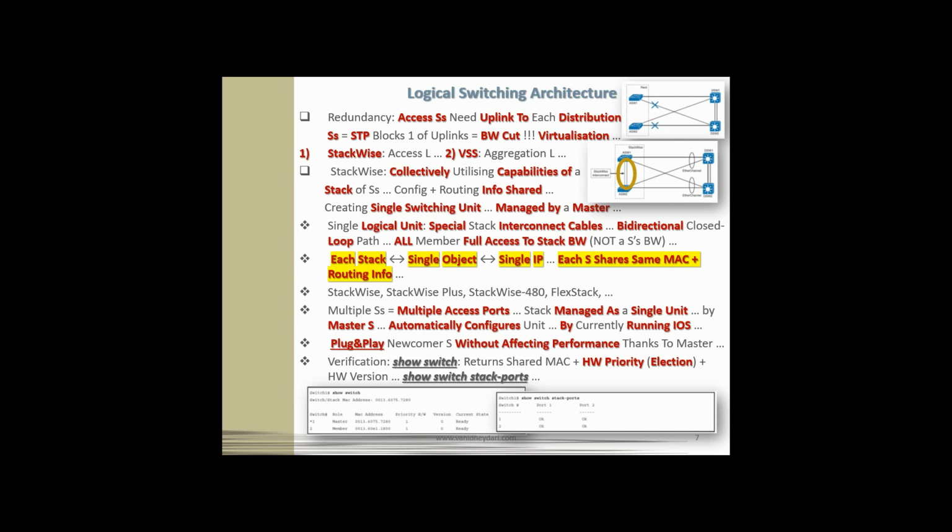Switches that support StackWise use a special stacking cable to connect the switches to each other, and each switch has two stacking connectors that are used to daisy chain or to loop the switches in the stack together. Each switch is connected to the one below it, and also the bottom switch will be connected to the one on the top.